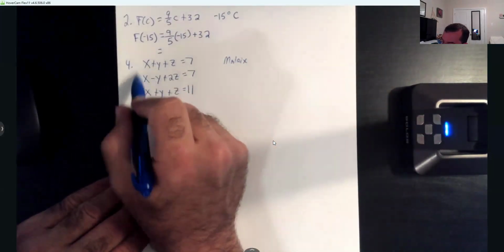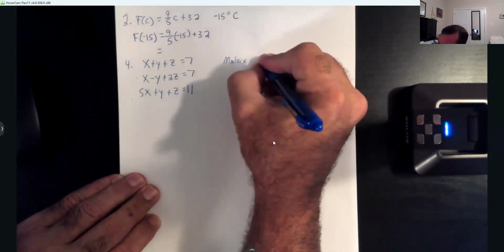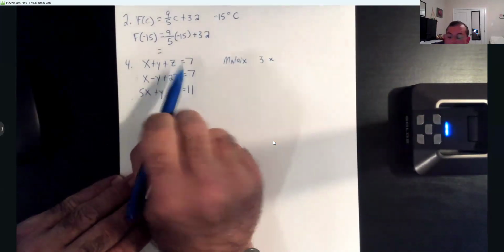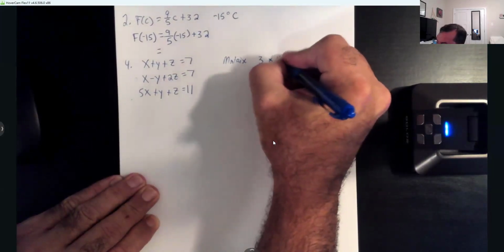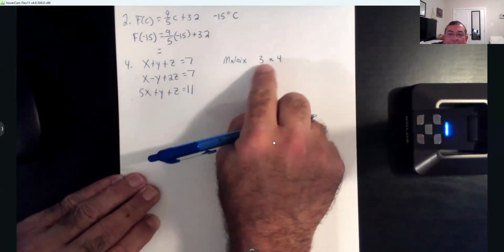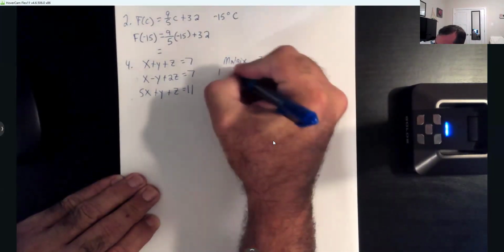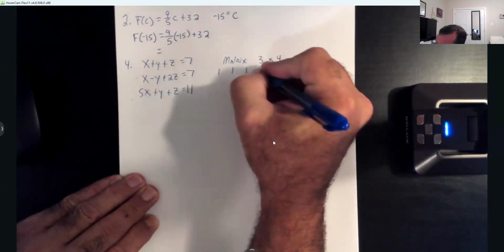So this thing has 3 rows. So this will be a 3 by 1, 2, 3, 4 columns. Now remember, on the matrix, you tell it what size it is, and then you put in all the numbers that are coefficients.